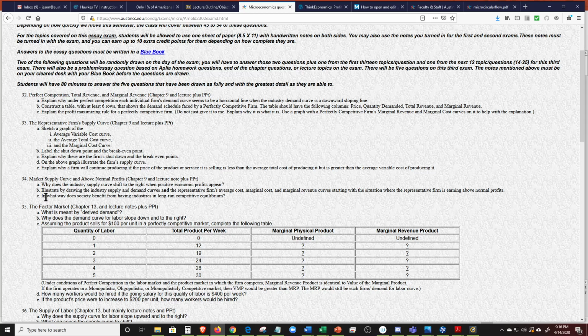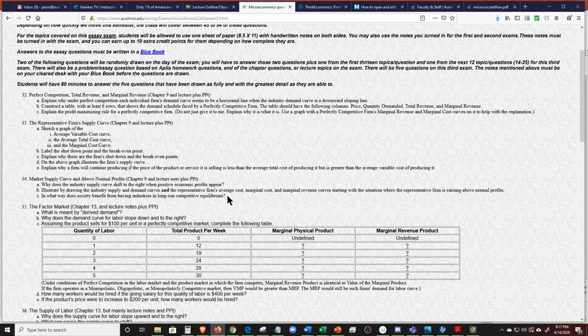And then part C, in what way does society benefit from having industries in long-run competitive equilibrium? We'll talk about that, which we've already talked about back in 16C. For the second exam, I think we had to talk about market disequilibrium in 15, but then in 16, we talked about how markets, at least competitive markets, result in allocative efficiency and technical efficiency.